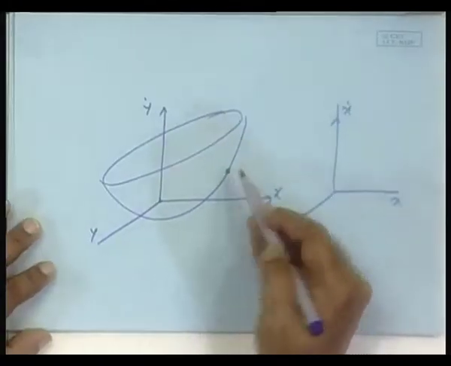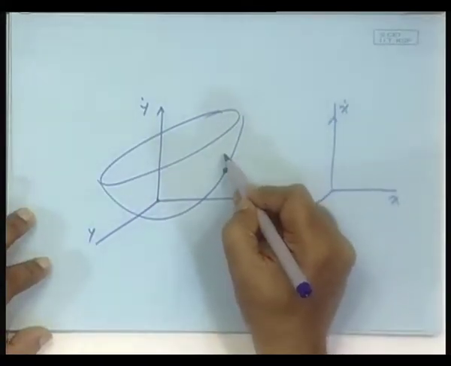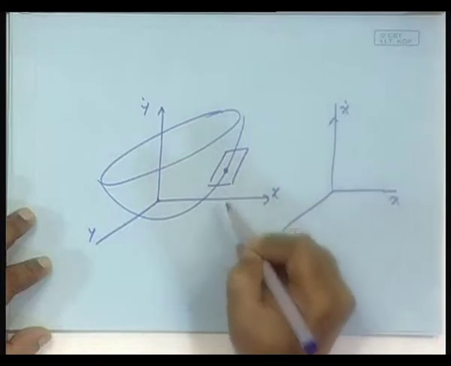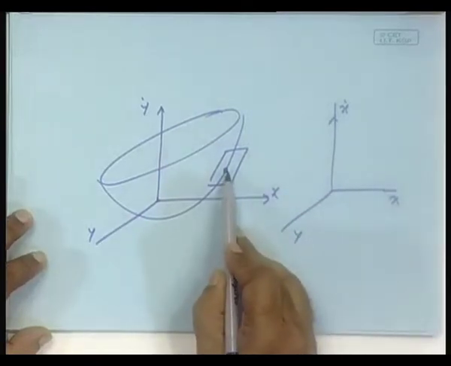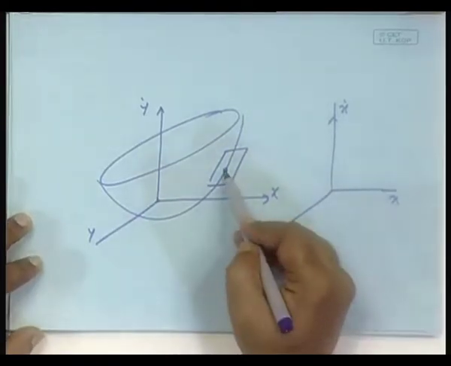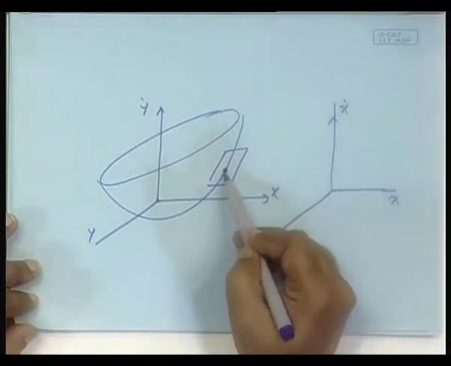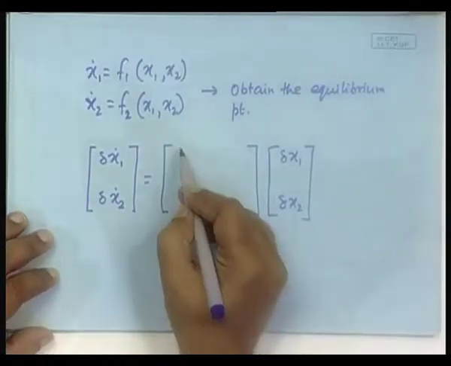Suppose you are approximating by some kind of a plane here, how does f1 vary with x at this point, how does f1 vary with y at this point, similarly for the other.